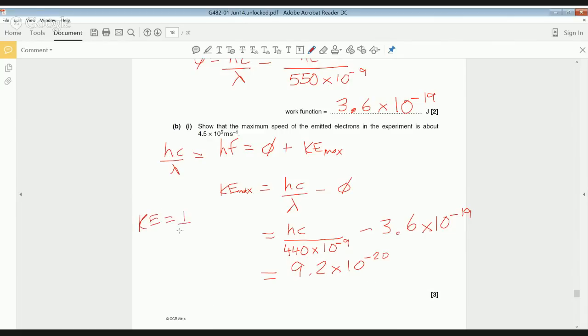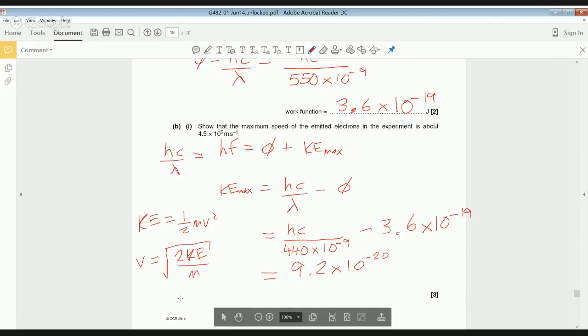equals half mv squared. We'll end up with v is the square root of 2KE divided by m. Now, what's m here? Well, m is the mass of an electron, which is on your formula sheet. That's 9.1 times 10 to the minus 31.